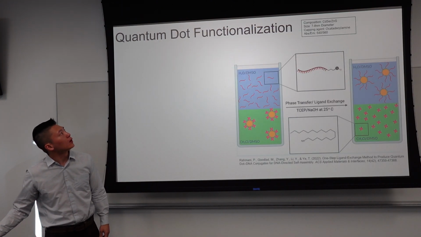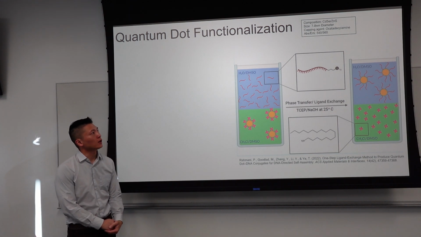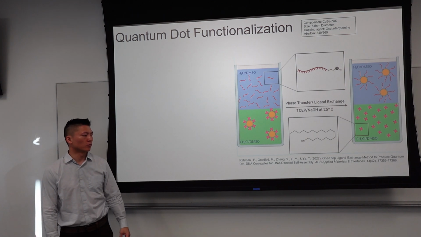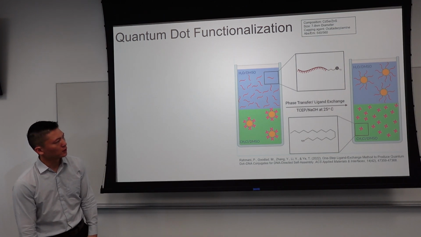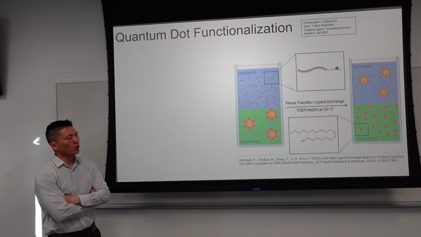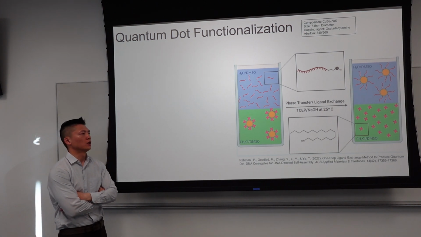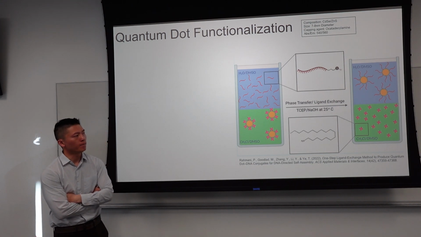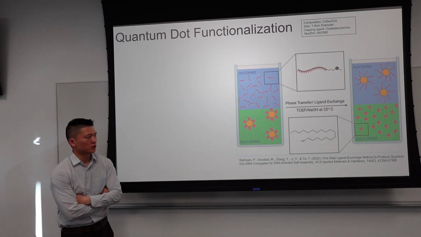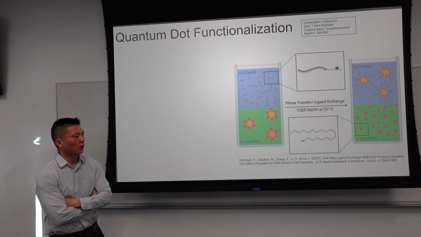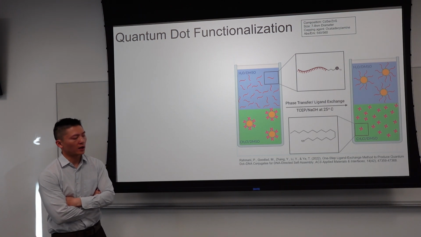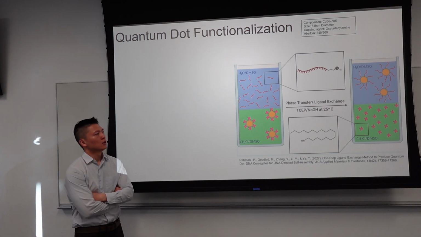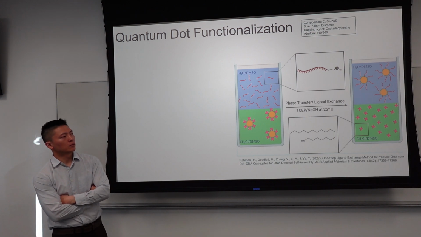so we're not too worried about this. Of course, I've also functionalized quantum dots. I'm following the one-step ligand exchange protocol from Ramini, also from our group. Quantum dots that we buy from Sigma Aldrich are capped with octadecylamine, and octadecylamine is hydrophobic, so it's not going to dissolve in water, which is a requirement so that the single-stranded ligands that we want to attach onto the nanoparticles is possible.